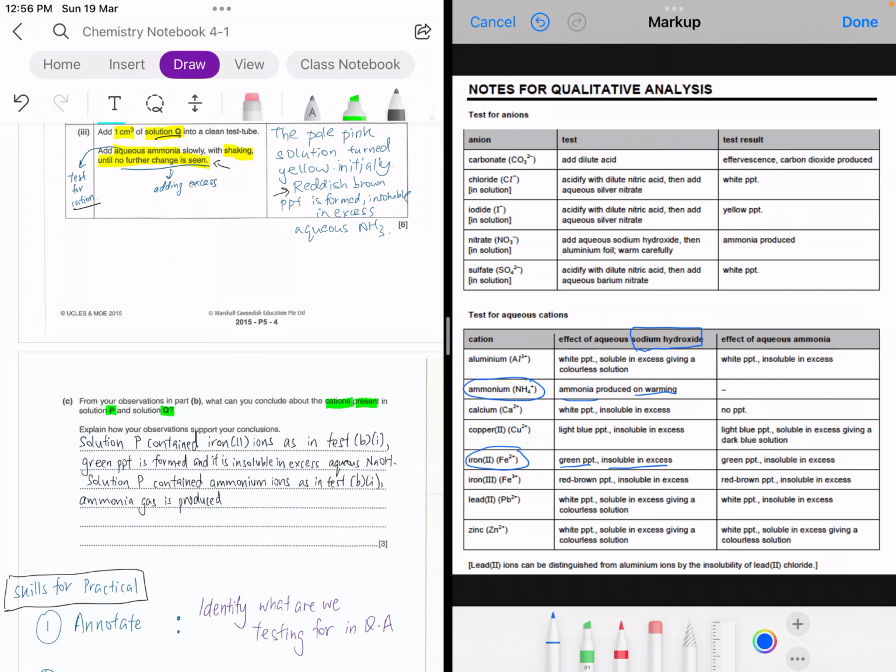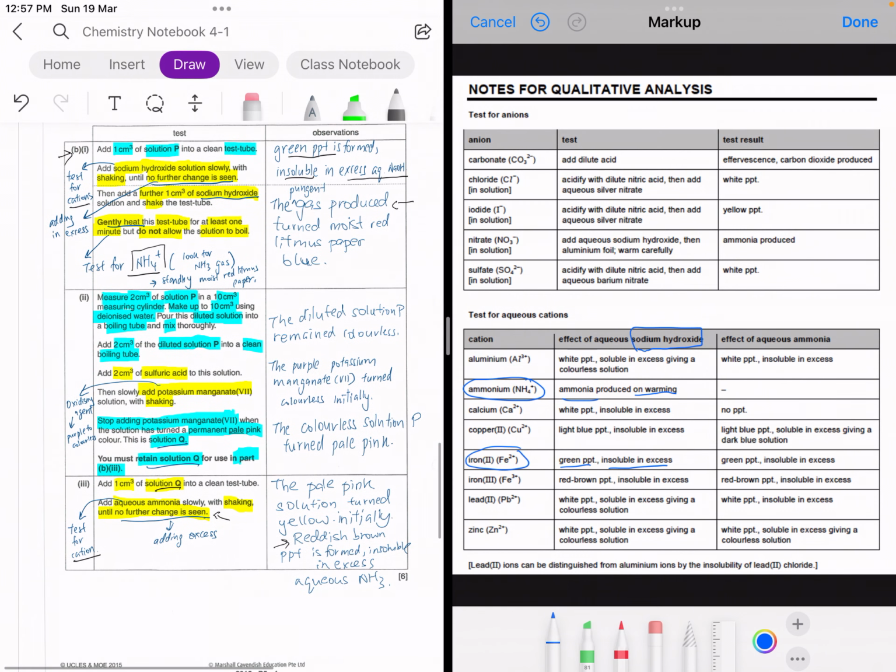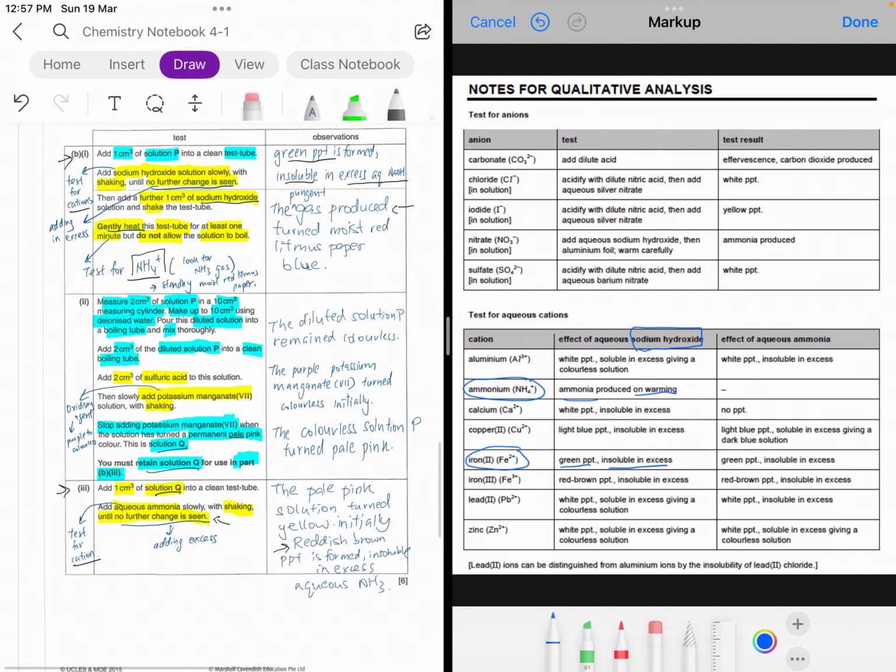We straight away tell the examiner that ammonia gas is produced. Ammonia gas is produced upon warming, which turns moist red litmus paper blue.